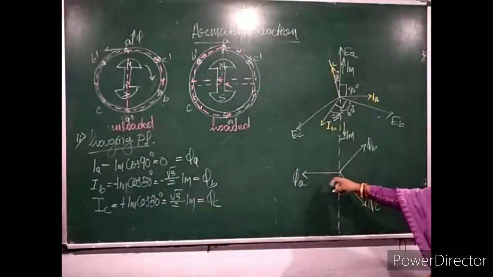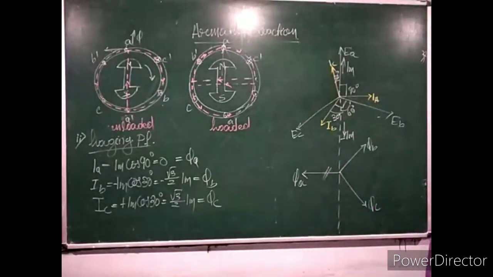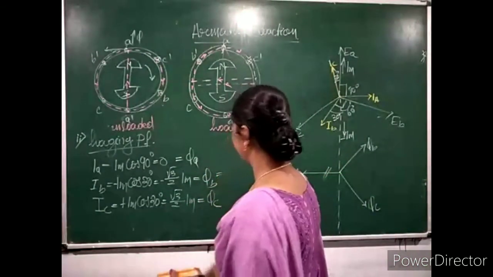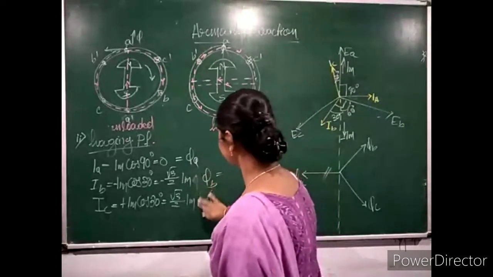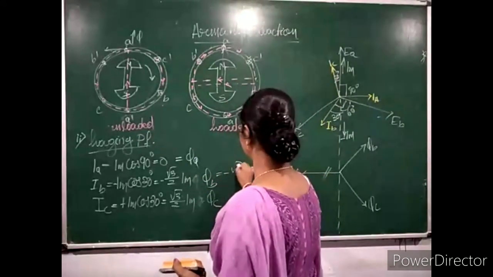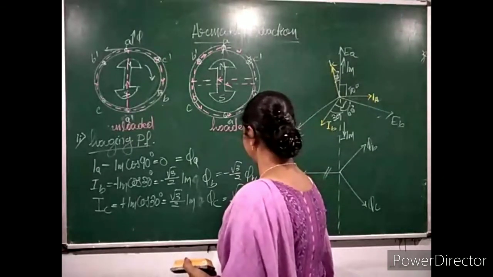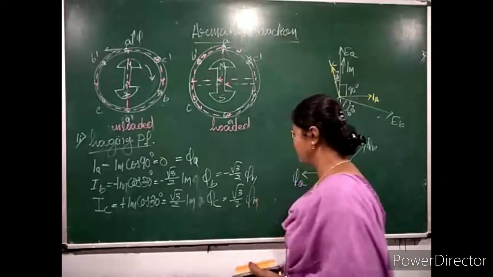So phi A is 0, so this part is cancelled out. Phi B is minus root 3 by 2 phi m.